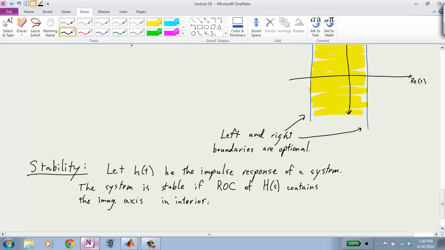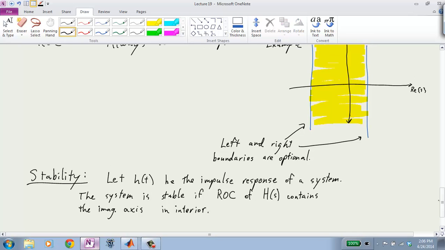So really what we're saying is if the Fourier transform exists, then it's stable. But we know that's not quite true. Okay, but it should be somewhat related, right? I mean, if the Fourier transform exists, then the impulse response has finite energy. We know that. And this statement here is saying if H of S contains the imaginary axis, and we leave off this in the interior part, then we know that the Fourier transform exists.